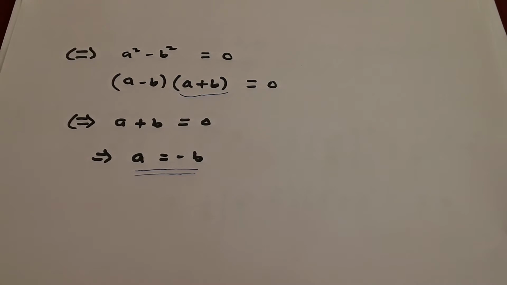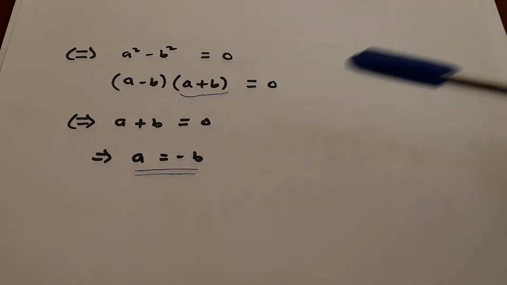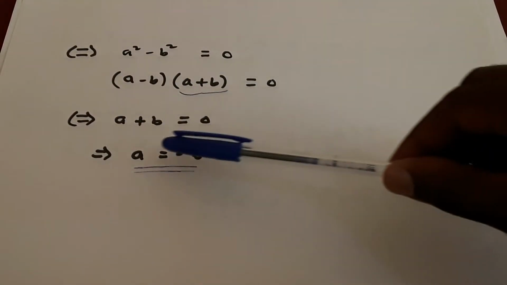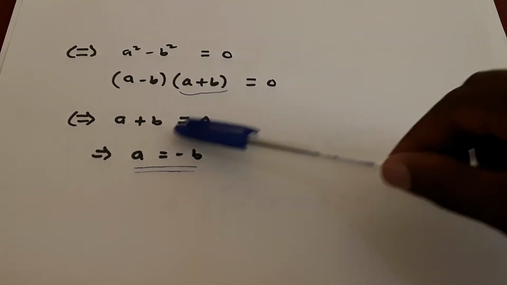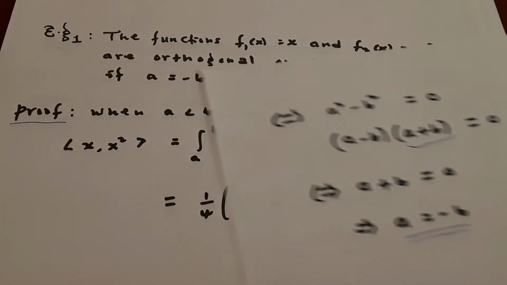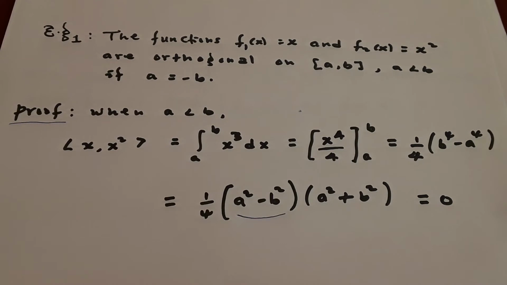So a plus b is 0. Then you can move b to the right side: a is minus b, hence we have proved it. So these functions x and x squared are orthogonal on [a, b] where a is less than b and a is minus b. The orthogonality depends on the interval.